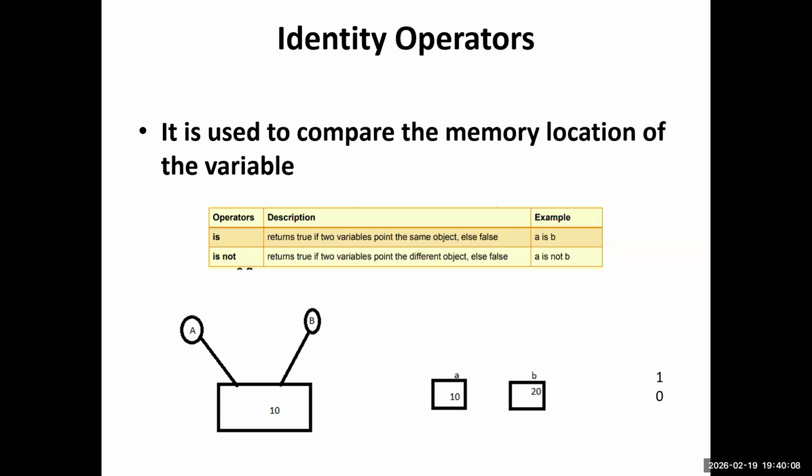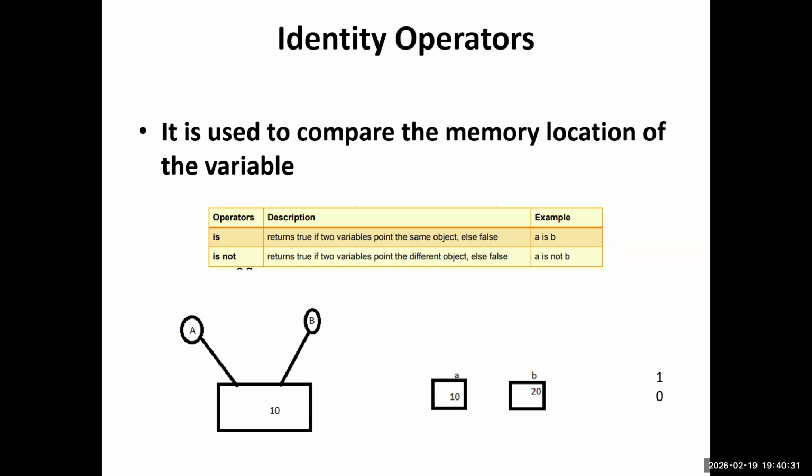This is a feature available in Python. If you want to find out whether both variables are using the same location or different locations, in that scenario you go for the identity operator.